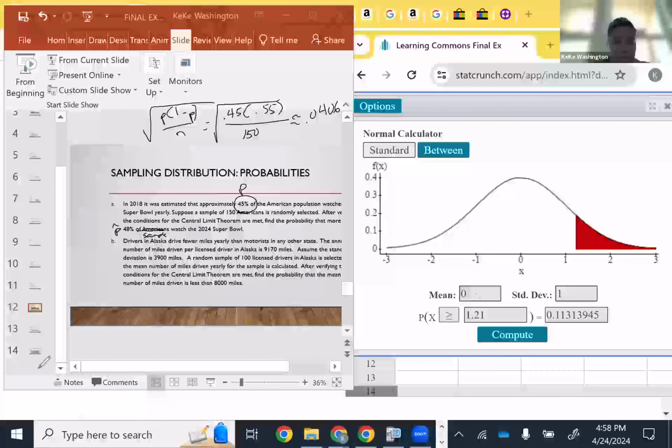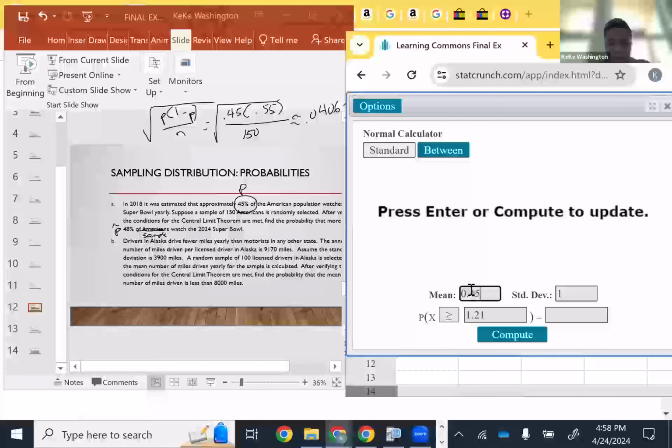Okay. So again, remember your mean is your P. So I'm substituting 0.45 for 45%. Standard deviation is my standard error, 0.0406. Try not to round that too much. Like I wouldn't round it to 2 decimals, even if the test says round 2 decimals. Or if it says, hey, what's your standard error, round 2 decimals, you can put 0.04 in.